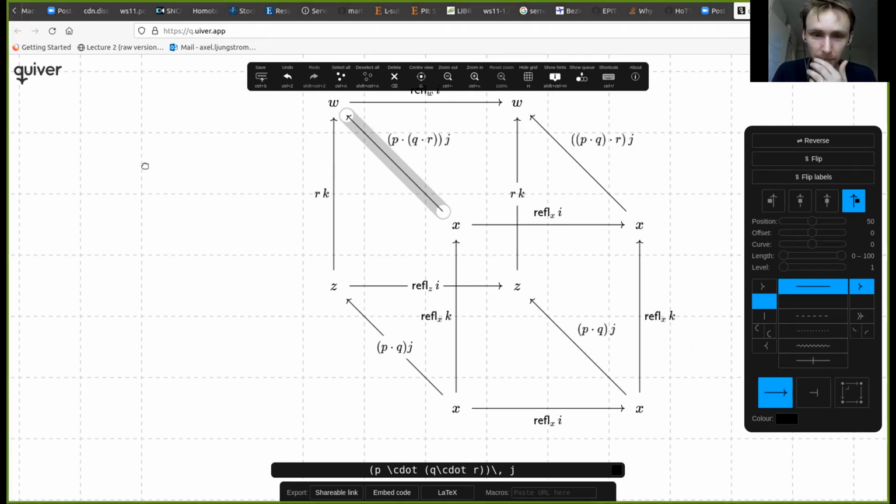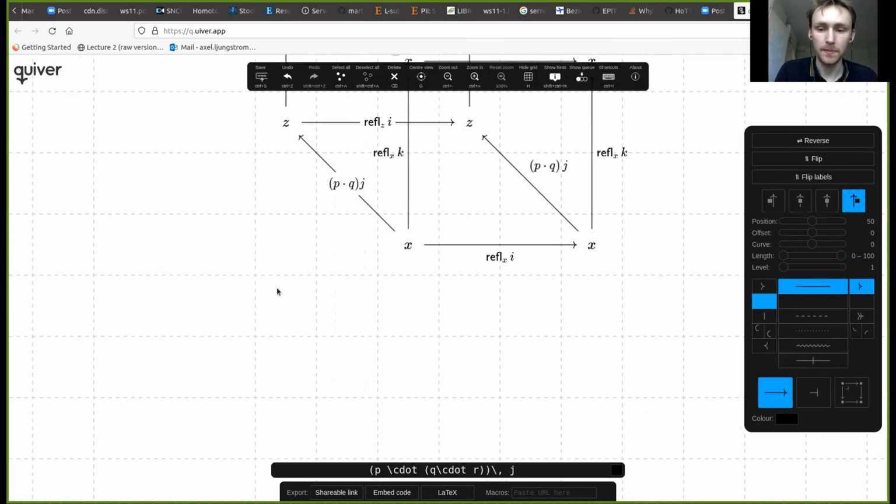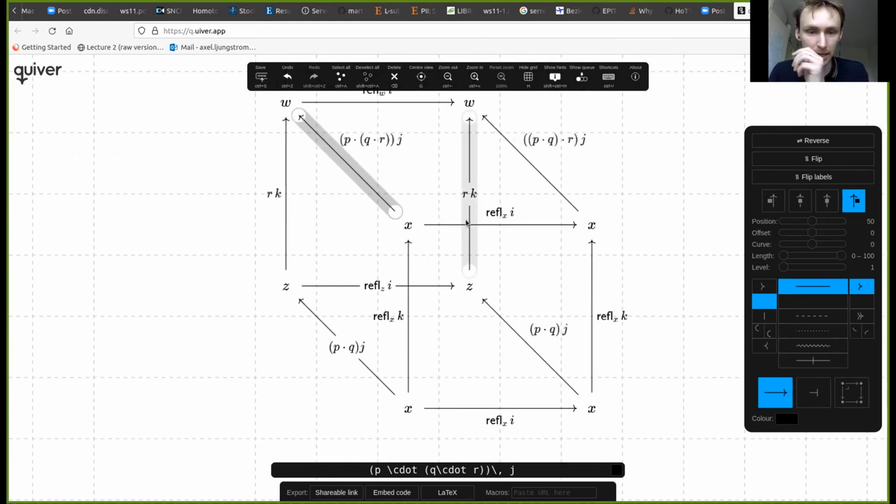Okay. So how do we fill this front side? Okay, let's draw it out again. So yeah, the left face is not exactly the same as the original problem because of this annoying bracketing of the path composition.